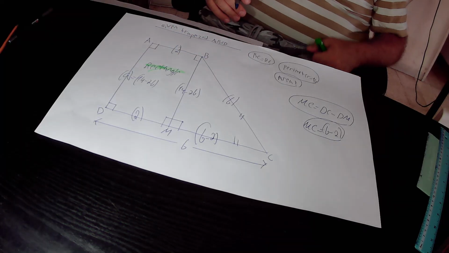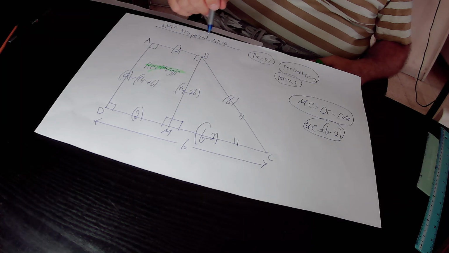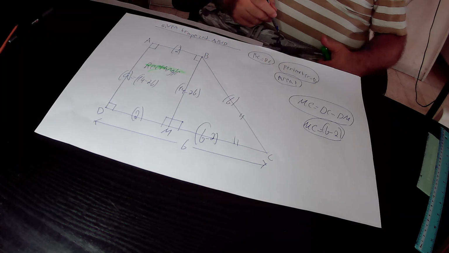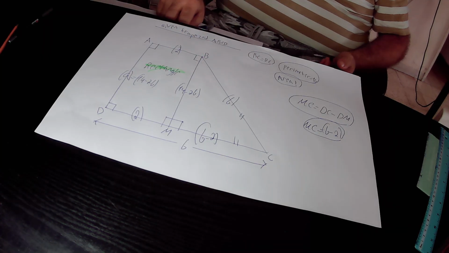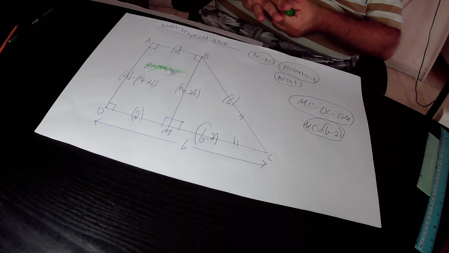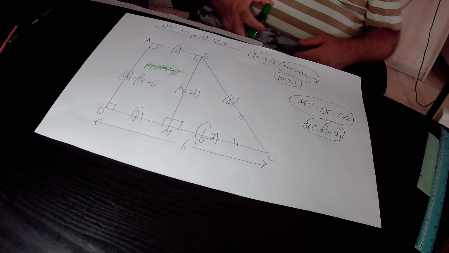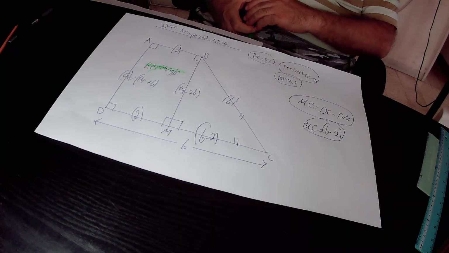In the next step, I'll copy this right triangle BMC onto a new page and we will implement the Pythagoras theorem on this right triangle BMC. According to the Pythagoras theorem, in any right triangle, the square of the hypotenuse equals the sum of the squares of the perpendiculars.